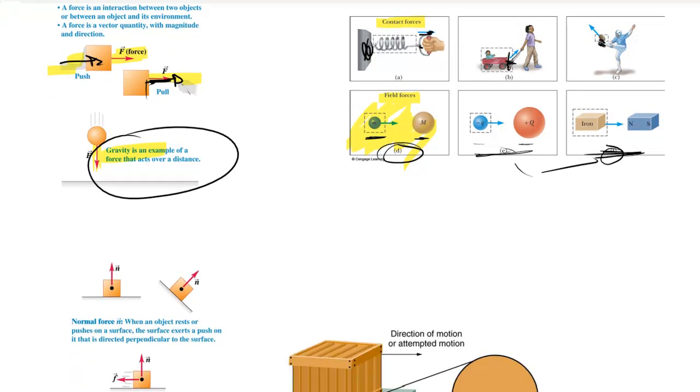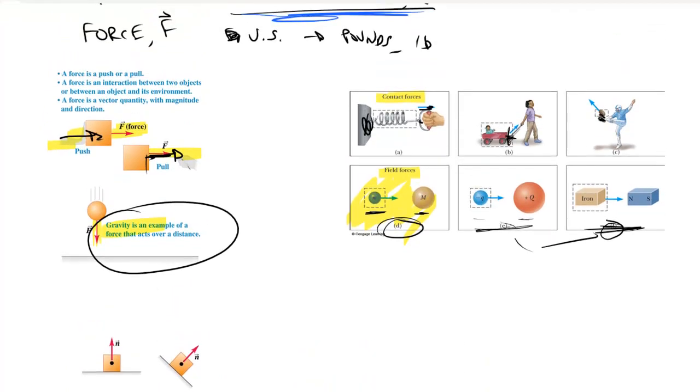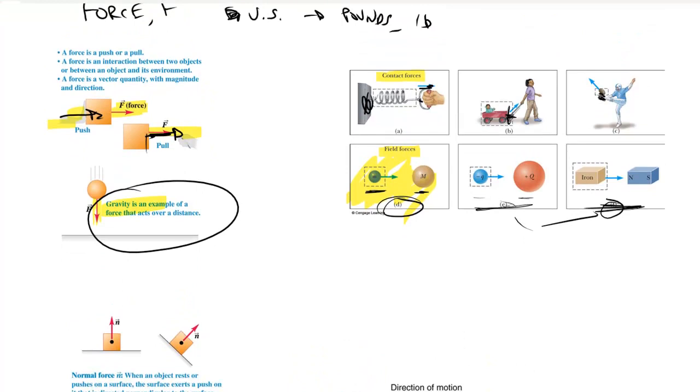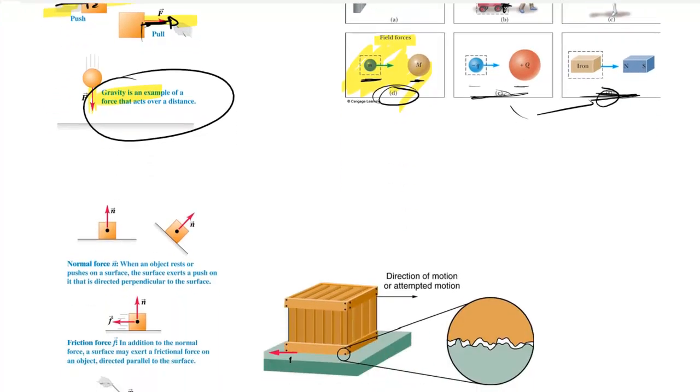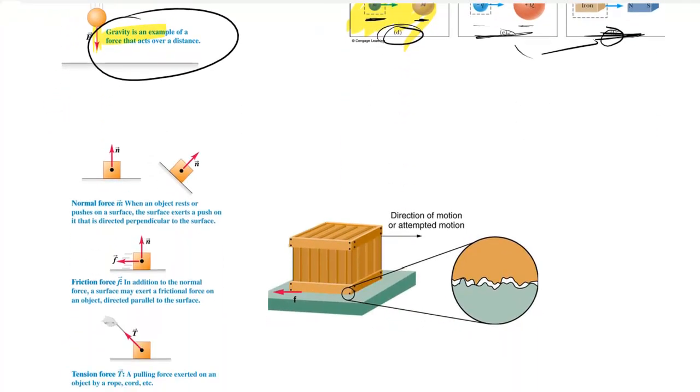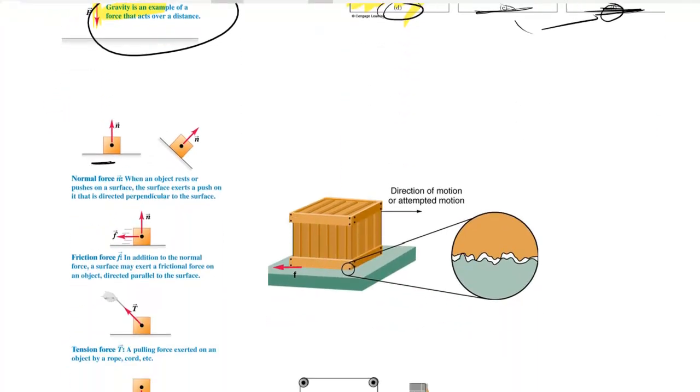So considering these contact forces, we can break them up into a couple other types of contact forces. For one, if we look in this first figure here, if we have a box sitting on a surface, then the surface exerts a force onto the box.